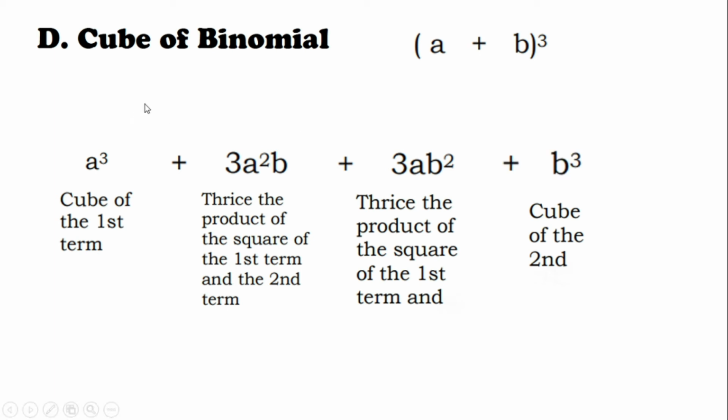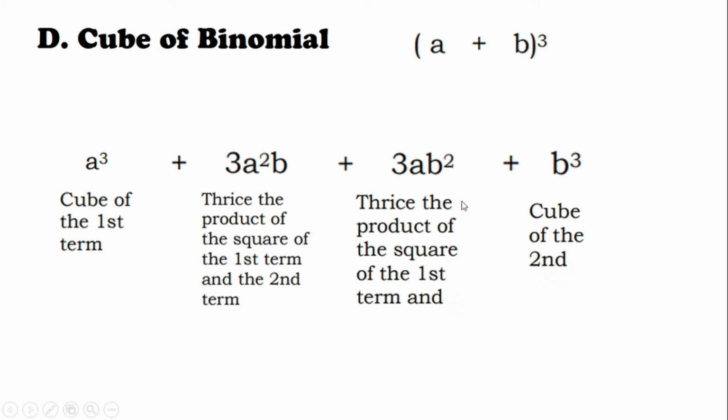Kapag nakaka-encounter tayo ng a plus b binomial and then i-cube, ang gagawin lang natin, i-cube natin si first term, a cube, tapos plus 3 multiply by, is-square natin si first term na given times b. Next is plus 3 times a, yung first term, times square naman natin si second term na given. Plus, yung last is i-cube natin yung second term na b.